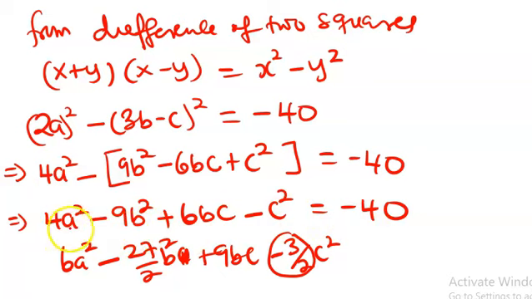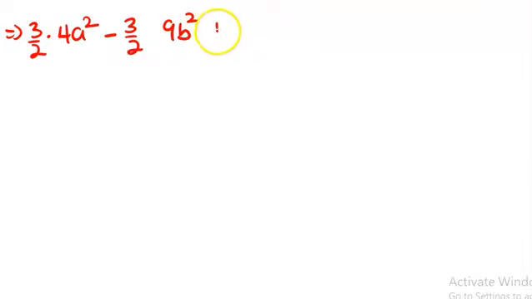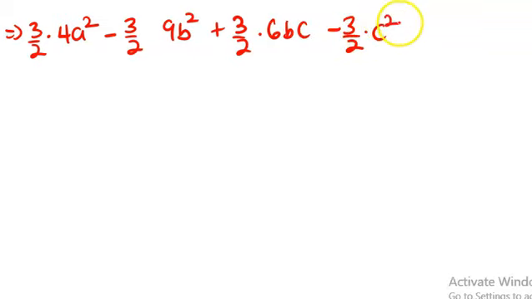So let's multiply through by 3 on 2. So we are going to have 3 on 2 times 4a squared, then minus 3 on 2 times 9b squared, then plus 3 on 2 times 6bc, then minus 3 on 2 times c squared, which is equal to minus 40 times 3 on 2.